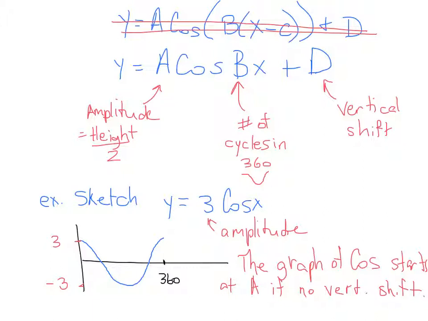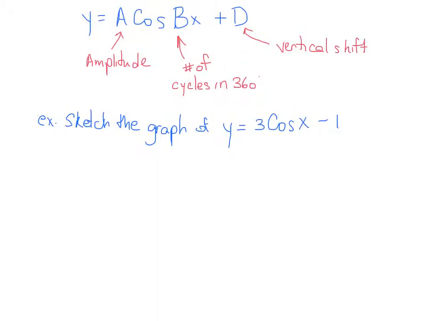Alright, so let's look at an example where there is actually a vertical shift. In this example, we're being asked to sketch the graph of y equals 3 cosine x minus 1. We already know what the graph of 3 cosine x looks like because we just graphed it. But I'm going to put it back on this page in a light color since that's not what they're asking us for. The cosine graph looks like this.